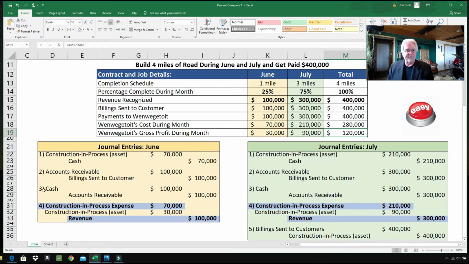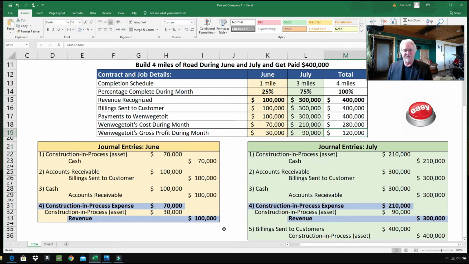That's it. So here are the journal entries. All four of them are pretty simple journal entries, and the journal entries for June are identical to the journal entries in July. They're absolutely identical. The numbers are different, but it's the same idea. The only thing that sets them apart is that in July the project is totally done.